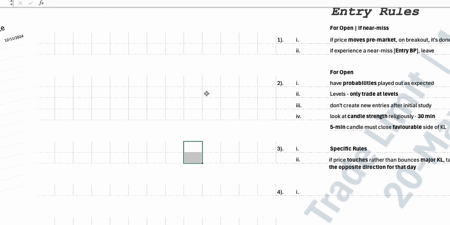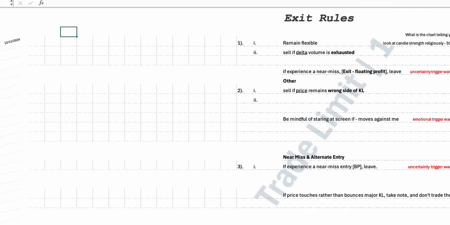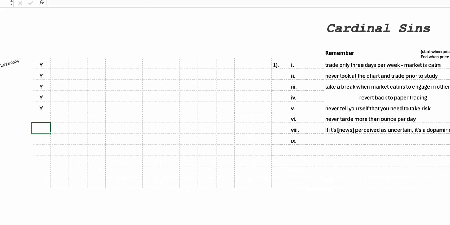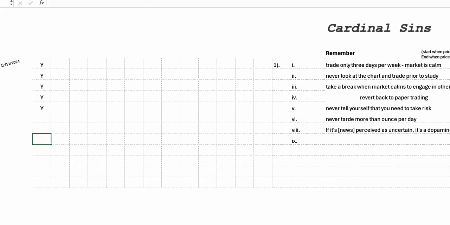Market open is just really a lot of concentration. There's a lot of work to be done. So that's it. So here we go. And that concludes the 12th of November 2024.